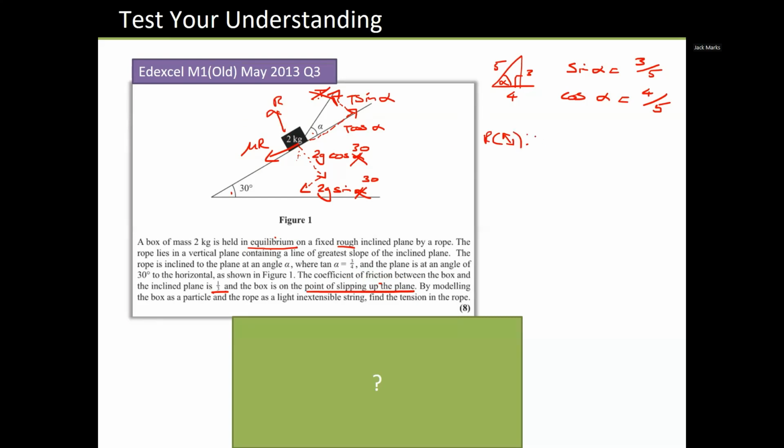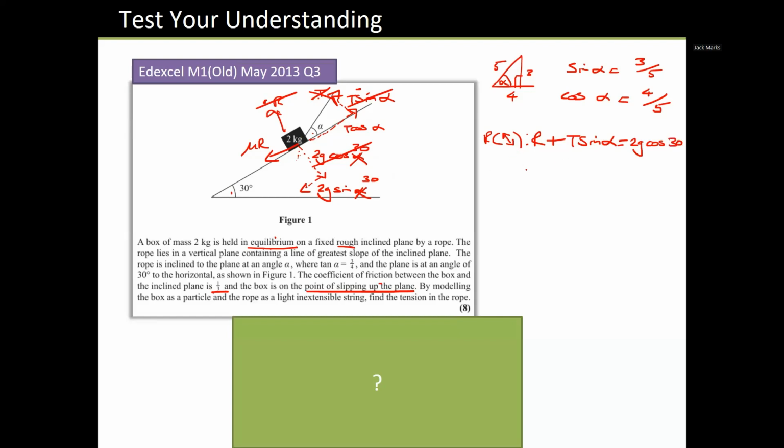So let's first of all resolve it in a perpendicular way. So R, which is acting away. Any other forces acting away? Yes. So there's T sine alpha. So plus T sine alpha. So the forces acting away must be equal to the forces acting into it, which is that one there. So that's equal to 2g cos 30.